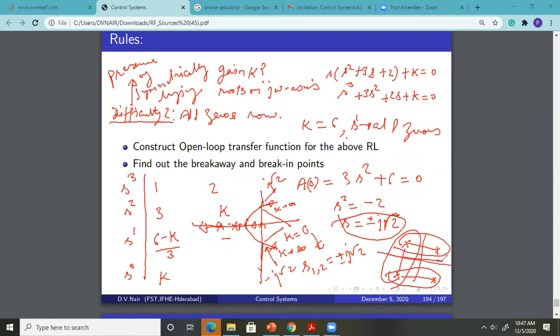Here in our case, the roots are symmetrical with the real axis. They are lying on the imaginary axis at equal distance from the real axis, right? So difficulty 2 indicates the presence of symmetrically lying roots. And in this case, this is how we found the point of intersection and the corresponding roots with the help of Routh's array, right?